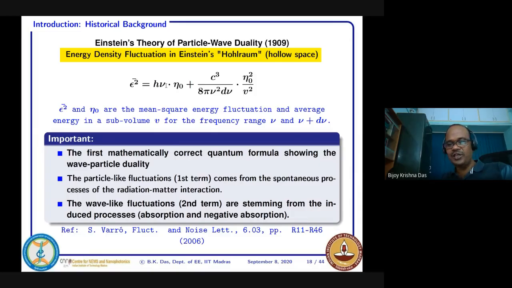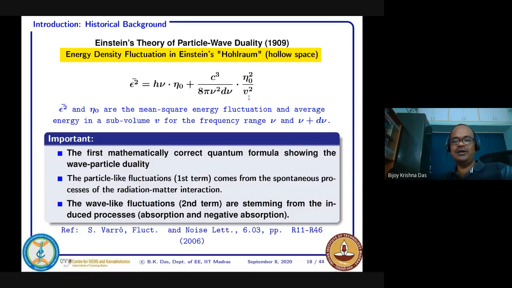But here, this is actually the least quantum, photon h nu. So this shows that this energy fluctuation can be decomposed into two terms. The first term is nothing but point-like energy, the light quantum, and the other is something continuous, nu to nu plus delta nu.